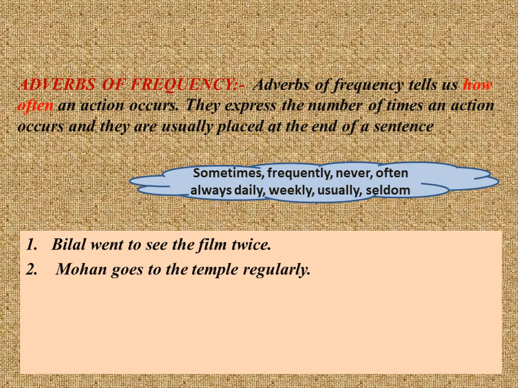Mohan goes to the temple regularly. How often does Mohan go to the temple? Regularly. So, regularly will be your adverb of frequency. As said, they are usually placed at the end of the sentence. Here also you find that the words are at the end of the sentences.